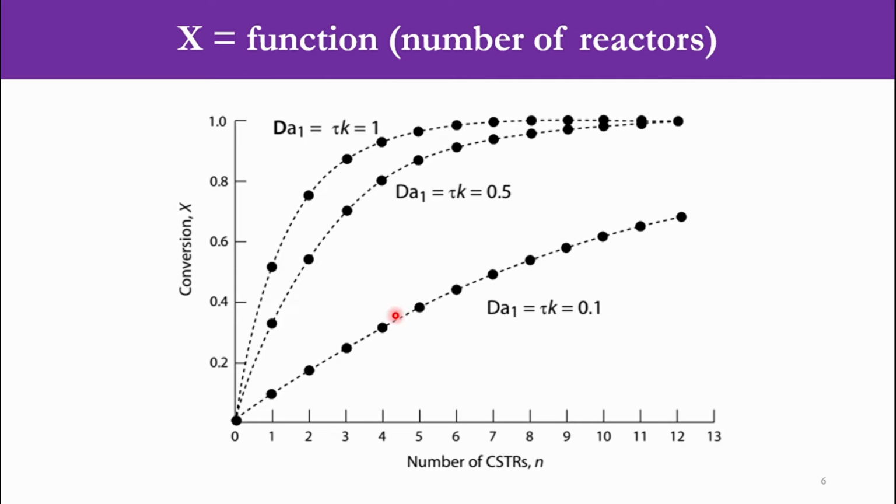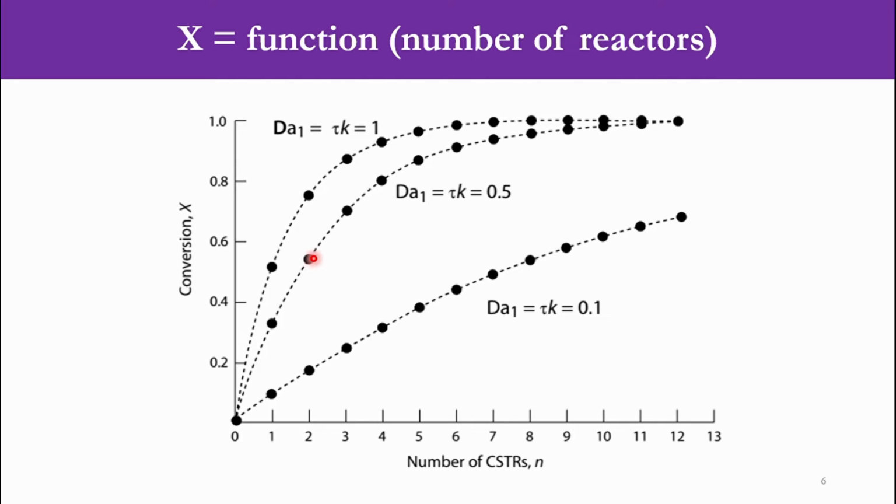However, at the value of 0.5 or even at 1, if only one reactor is installed, for Damkohler number 0.5 the conversion will roughly be 30%, and for value 1 it will be approximately 50%. But if we install 2 reactors, here the conversion will be roughly 18% or 16%.